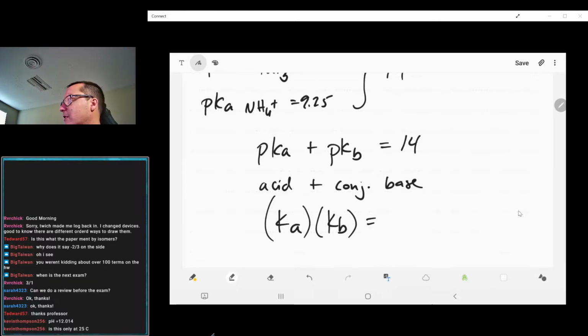Yeah, typically these are going to be at a given temperature, right? Because an equilibrium constant is always dependent on temperature. With that being said, these might be constant. I haven't thought about that.